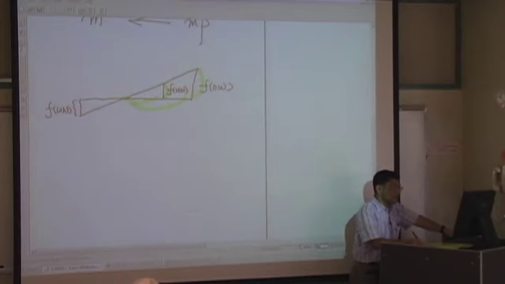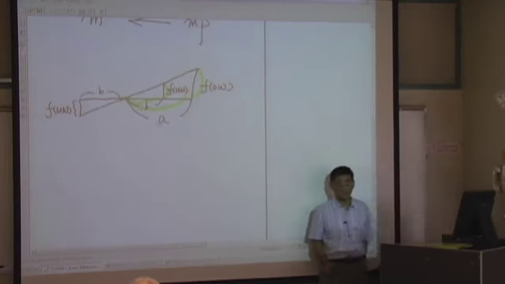So I will call this size, I will call this length. You can call these things by using any letter. So let's call this length A, and let's call this length B. Of course, this length is the copy of this length, so this B length is the same as this.